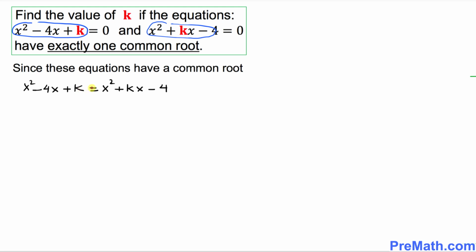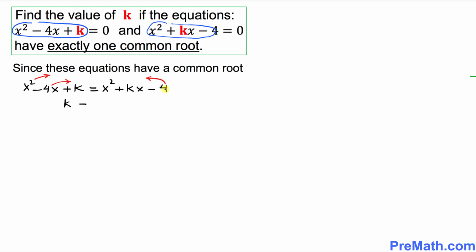Now, in the next step, we are going to rearrange things. All x variables are going to go to the right hand side, and all constants are going to go on the left hand side. Since k is on this side, just leave it over here, equals.